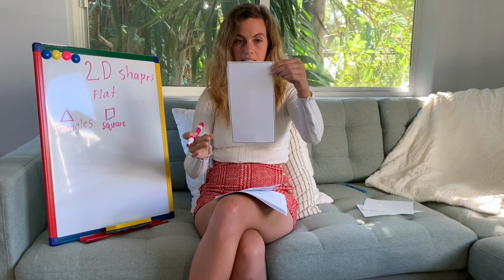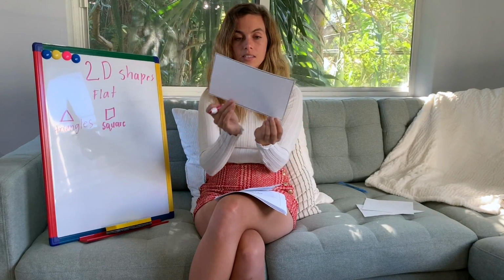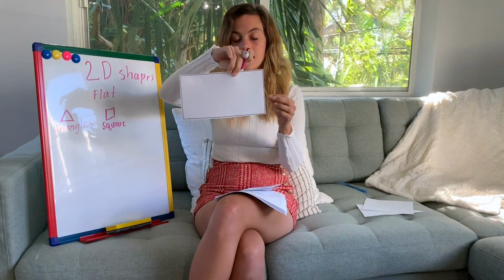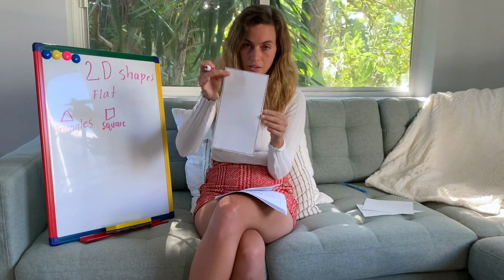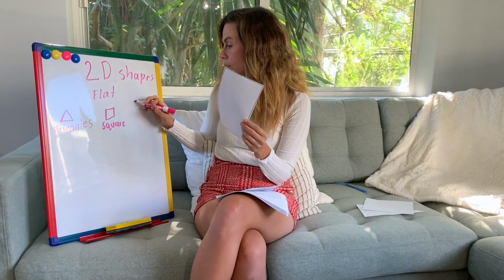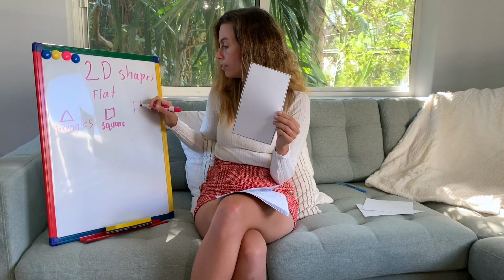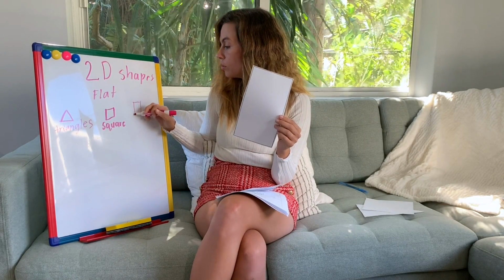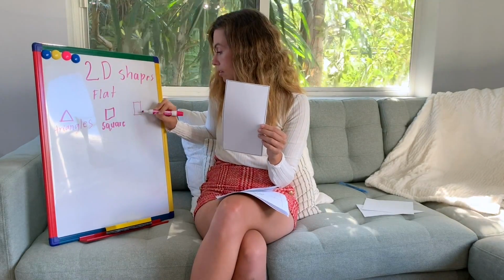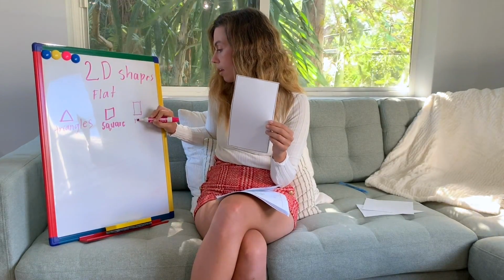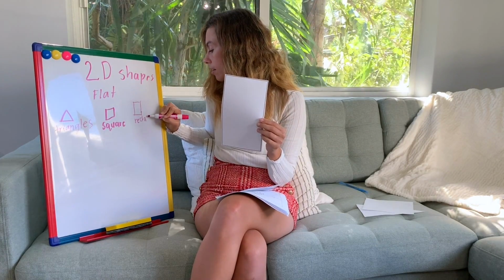It doesn't matter if it's like this, or like this. As long as 2 of your sides are longer, that makes a rectangle. So for rectangles, you have 2 longer sides and then 2 shorter sides. You still have a total of 4 sides. This is a rectangle.